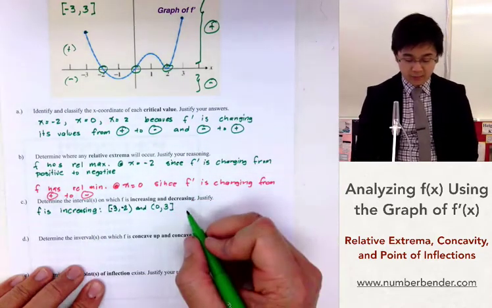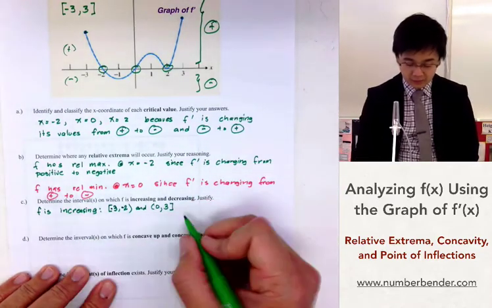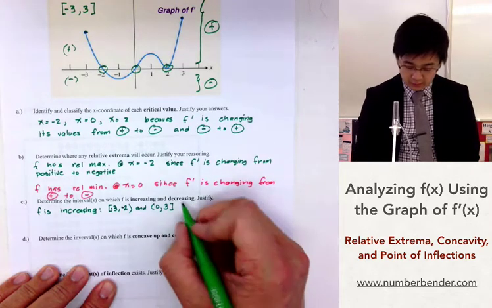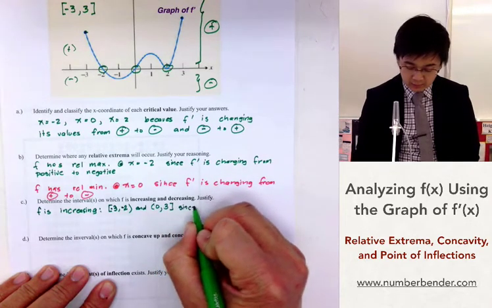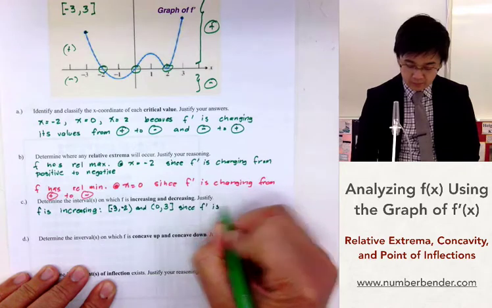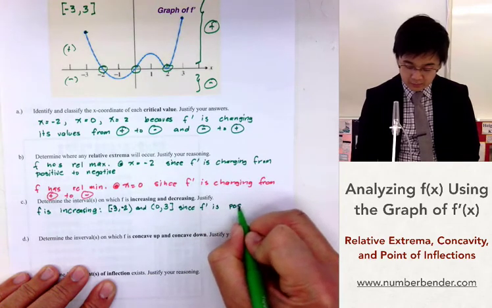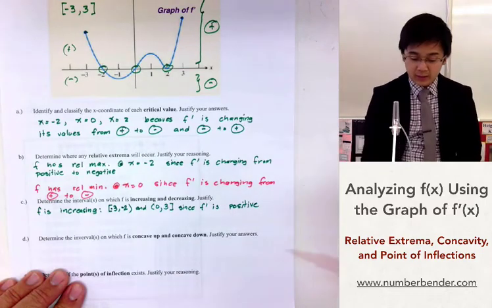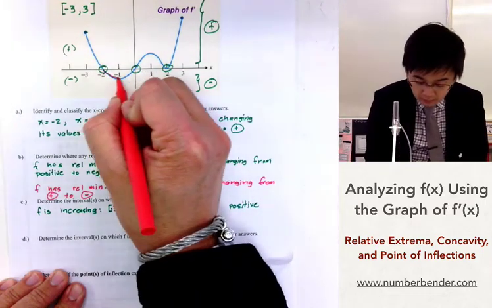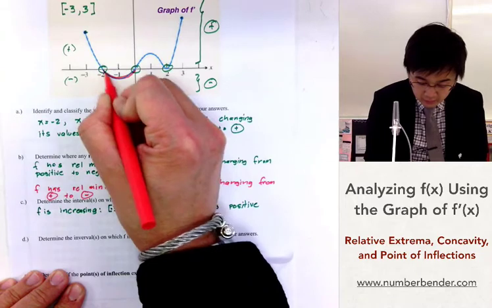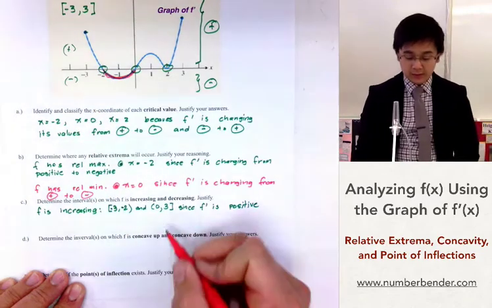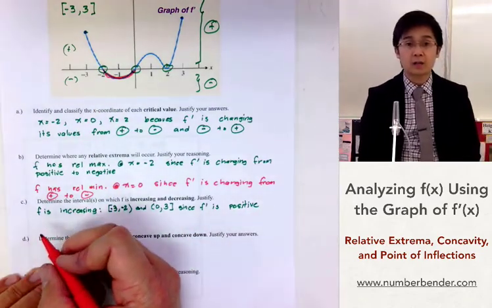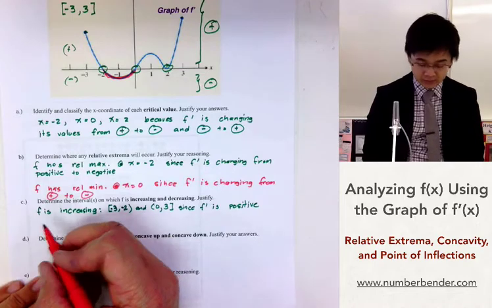And the reason behind this is because f is increasing on this interval since f prime is positive. And it's decreasing on this interval. So this one is decreasing because it's at the bottom or below the x-axis, which is negative.